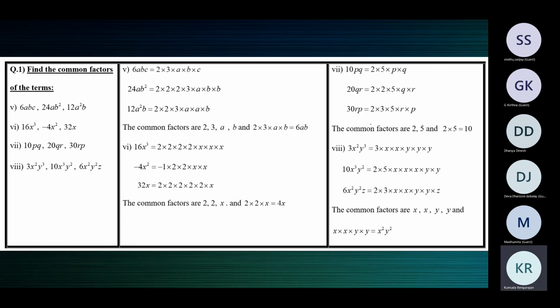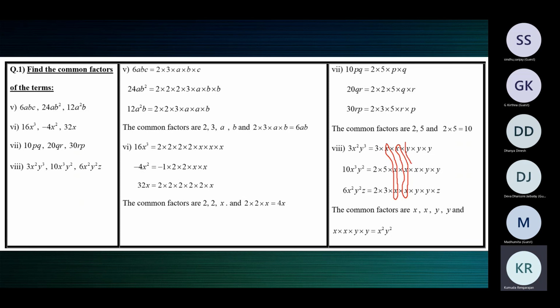Then x: all the three have an x, another x, and another x.